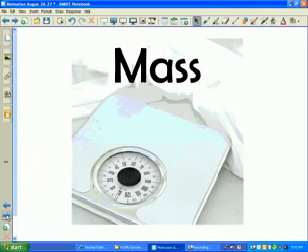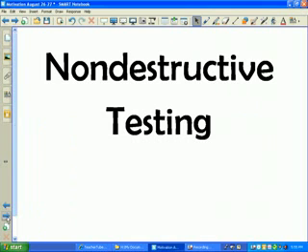So with mass, the definition is how much something weighs. You can say a person, a desk, a chair, an apple. When you go to supermarkets, you pay for fruit or vegetables by the pound. So usually mass is something that you weigh.